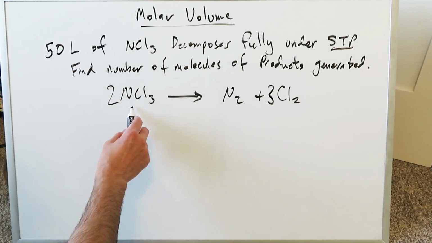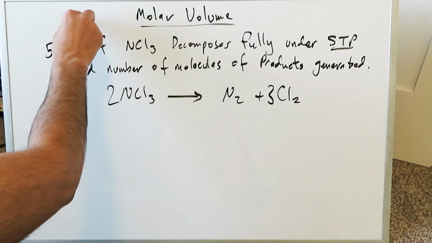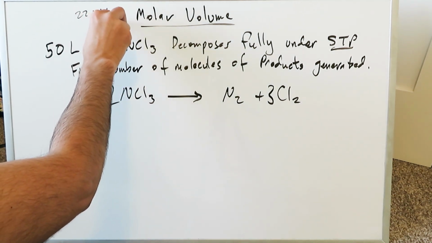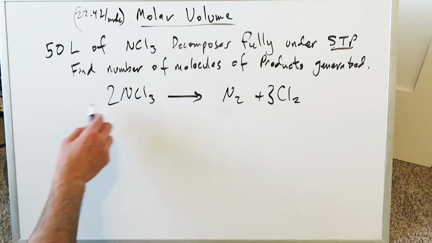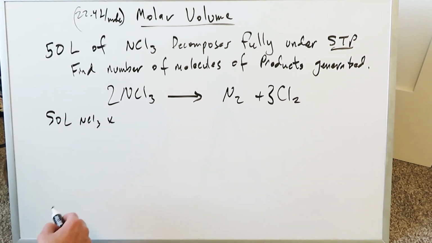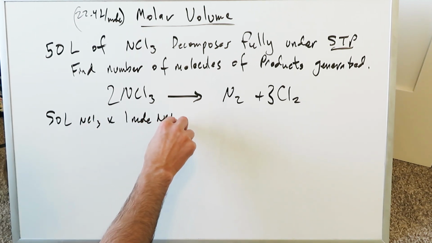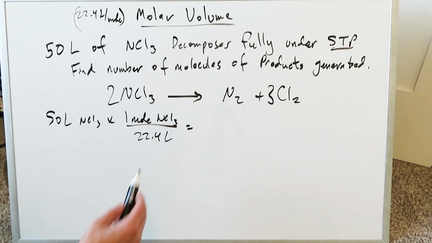We should start by determining the moles of this using the molar volume constant. The 22.4 liters per mole is the molar volume constant of an ideal gas under STP. When we're looking at NCl3, we have 50 liters of NCl3 times 1 mole of NCl3, which occupies 22.4 liters, and this will give me the number of moles of NCl3.